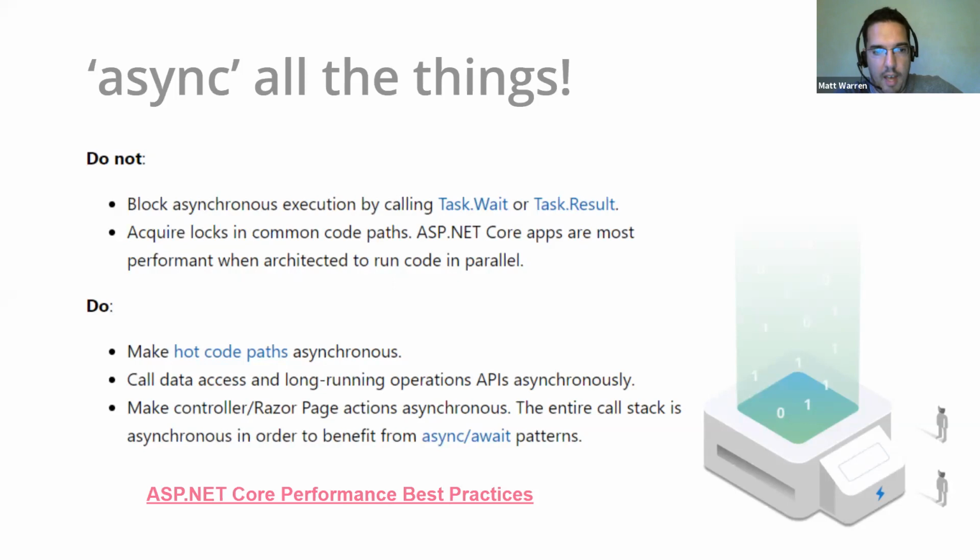But more than that, the last point that's on the screen here is that actually the entire call stack is asynchronous. So it means that Kestrel Web Server and anything that's built on top of that, the MVC pipelines and all those types of things, Razor pages, are all, I guess, asynchronous by default is one way to think about it, and that helps performance because as it talks about in the first tasks here, we're not blocking threads, we're not tying up threads.